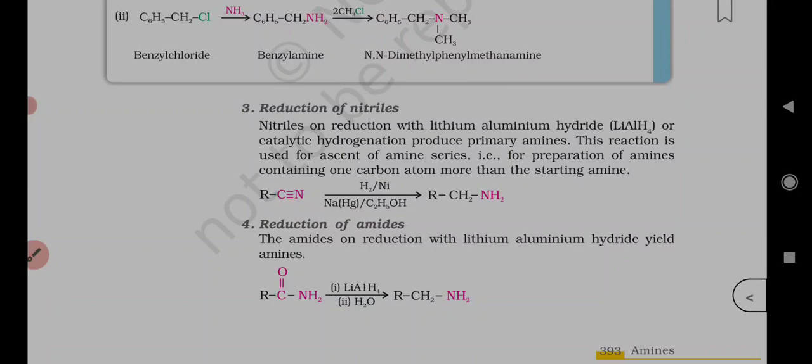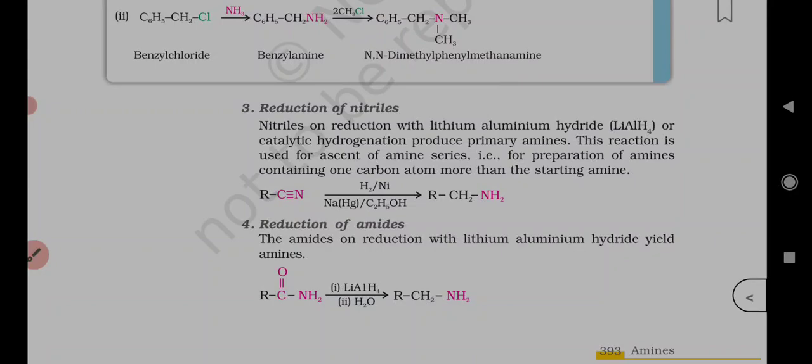How will you convert benzene into aniline? You can take nitrobenzene and do its catalytic hydrogenation by passing hydrogen gas in the presence of finely divided palladium, platinum or nickel.